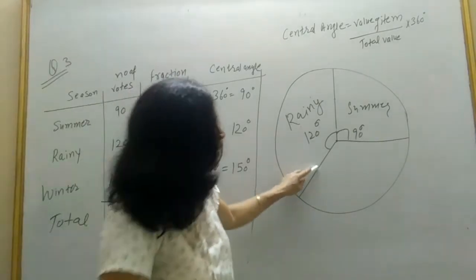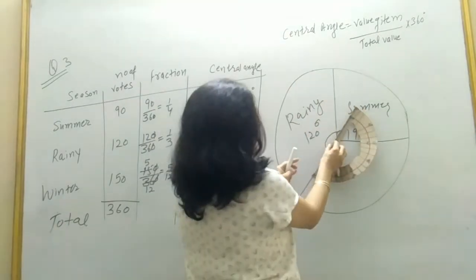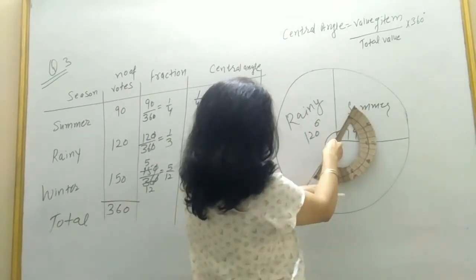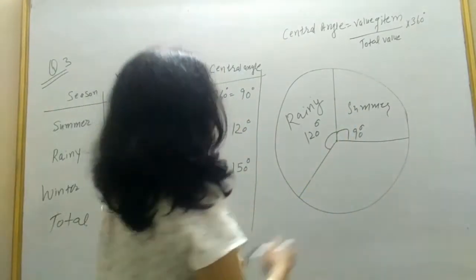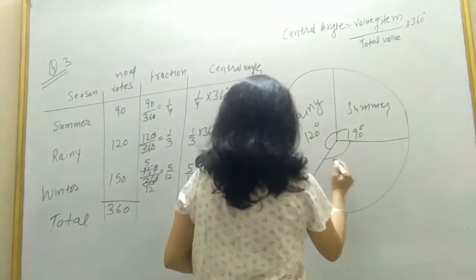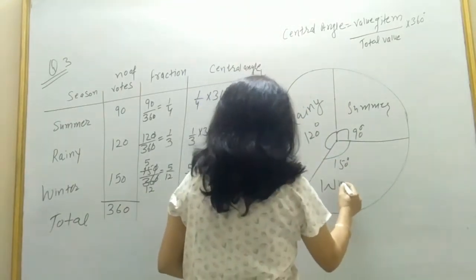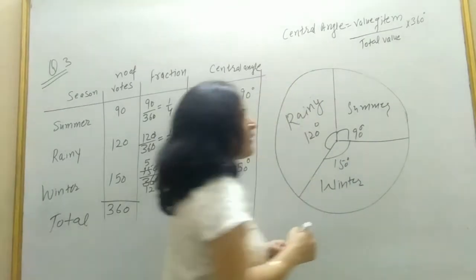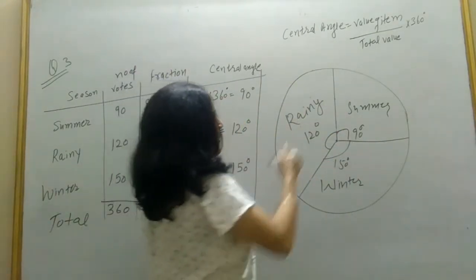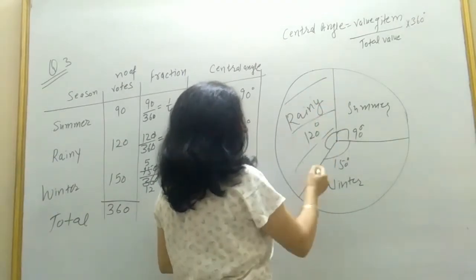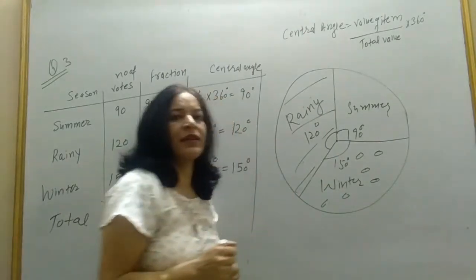Now this will be the radius, with the mark on the center and 0 here, and it's 150 degrees. This is for winter season. You can color it with different colors, or represent it by marks like these lines or small circles, and one is blank.